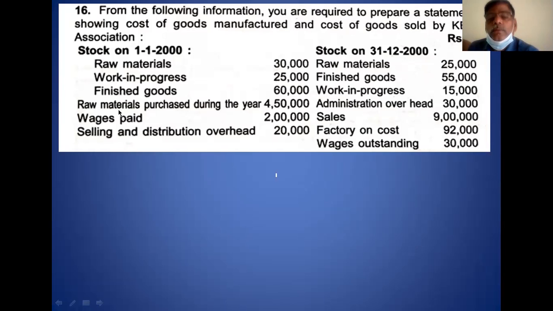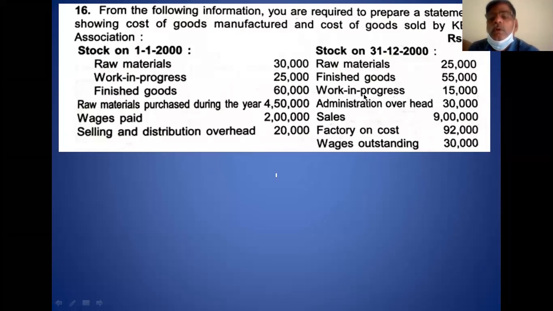Raw material purchase is there. You add it to the opening stock of raw material. Wages paid is called direct wages. Selling and distribution expenses are there. It is the last head of expense. Then closing stocks are there: material, finished stock, and work in progress.